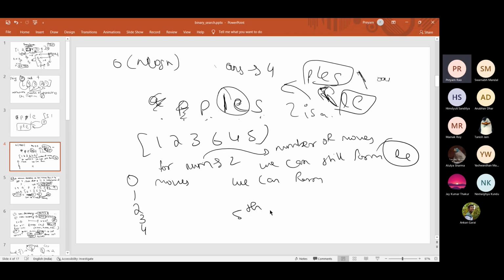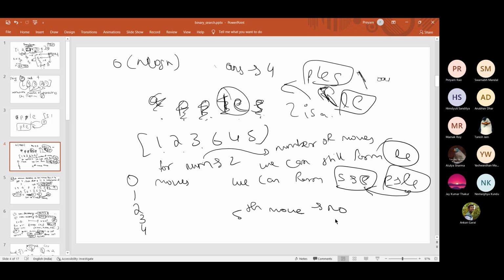But for the fifth move, that means we're deleting the first, second, third, then the sixth element, and the fourth element. So now in this case, S would be E, and P would be equal to LE. Obviously, LE is not a subsequence of E, since there are more elements in LE than in E. So for the fifth move, we'll have no.